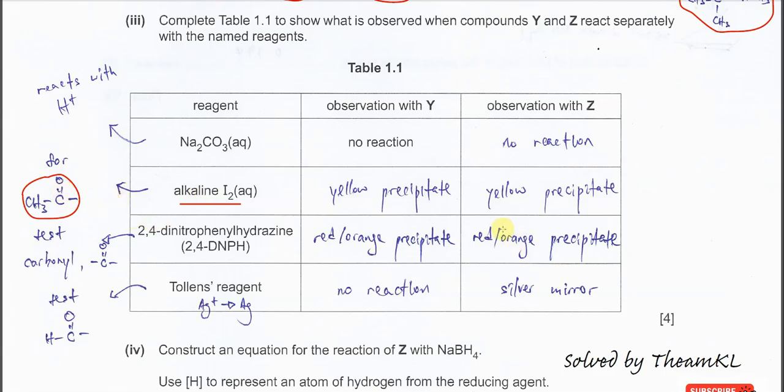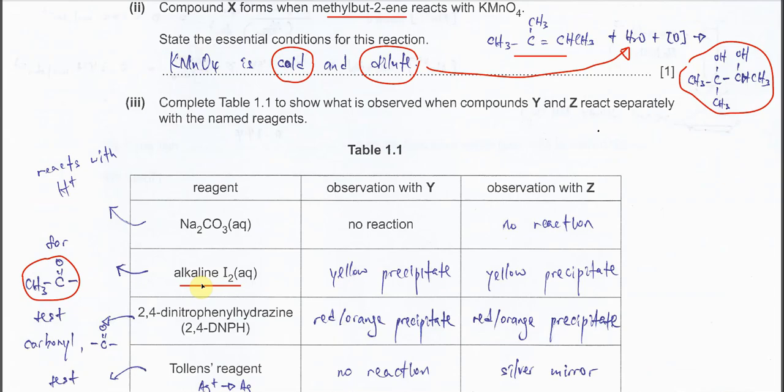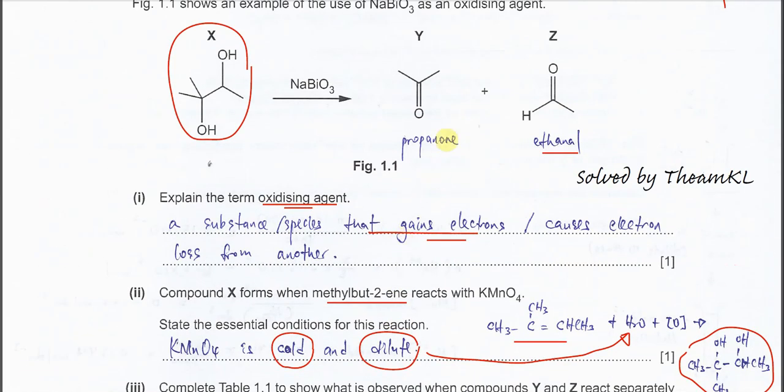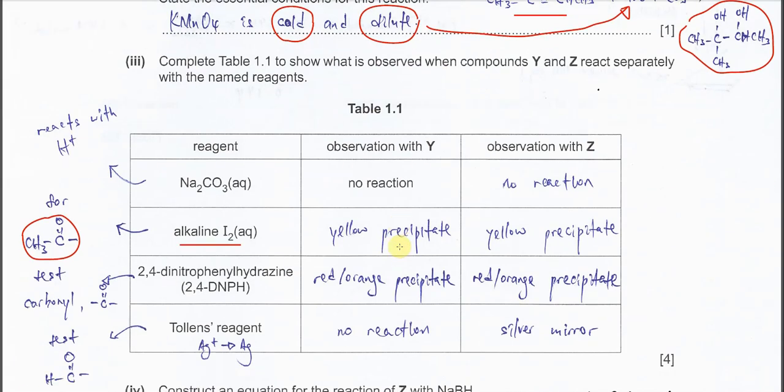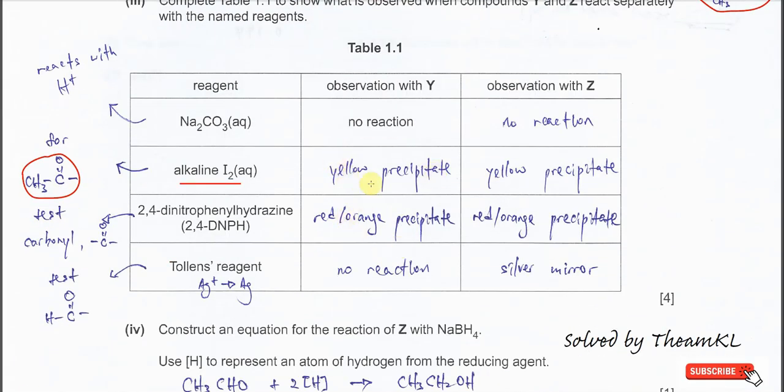So in compounds Y and Z, as you can see, this is the methyl ketone group, CH3CO. Therefore, compound Y will give this yellow precipitate, the iodoform.